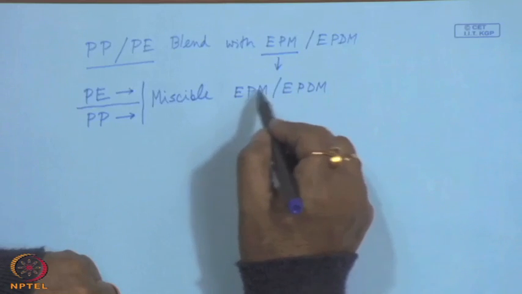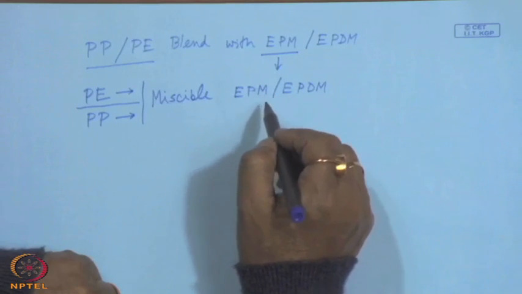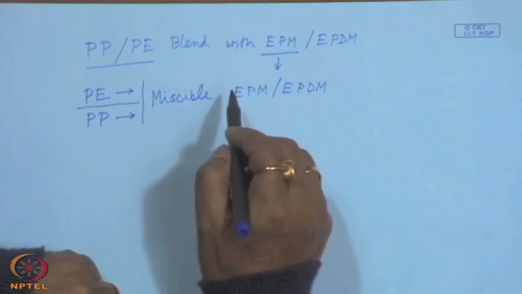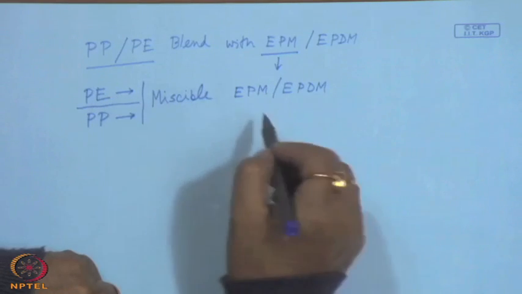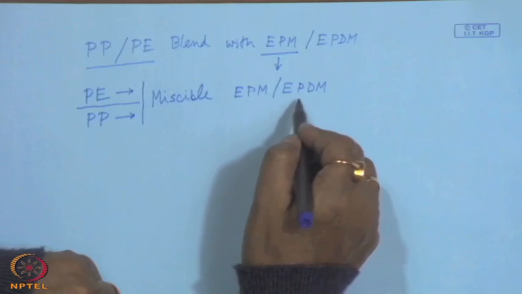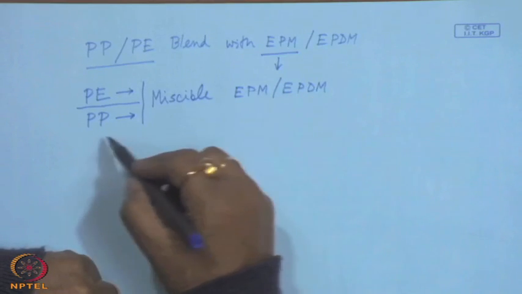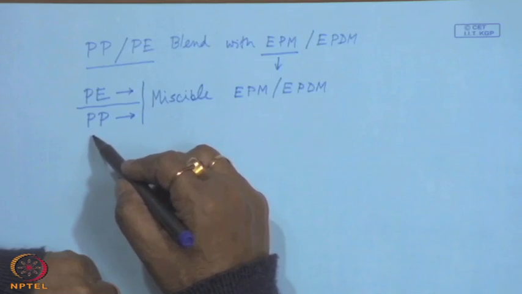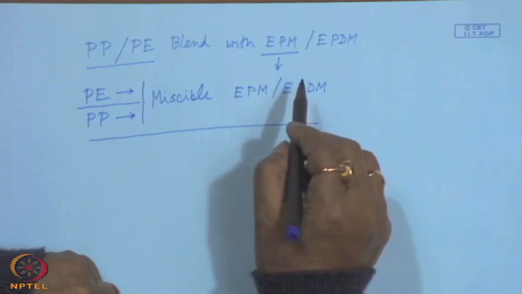So, these polymer segments will orient in such a way that ethylene units will come close to the ethylene units of polyethylene, and propylene units of such ethylene propylene or EPDM will come closer to the propylene units of the polypropylene. So, this way they form a compatible system of polymer blend.